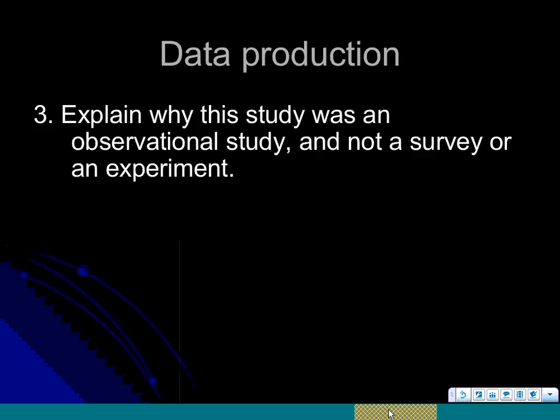So one of the questions that we ask is, why is this particular study classified then as an observational study and not one of the other two types? So because we took measurements, we observed the given lengths of their shoes, their body height, and their gender rather than experimenting or asking them what their shoe length was.